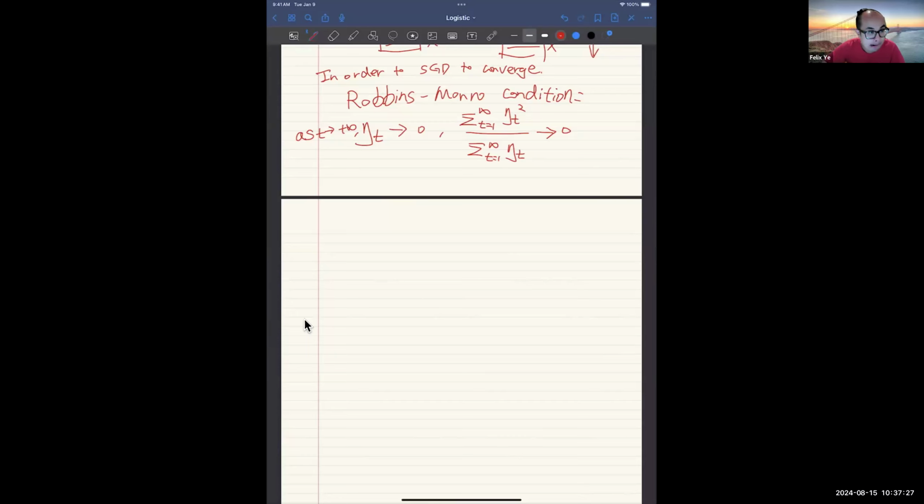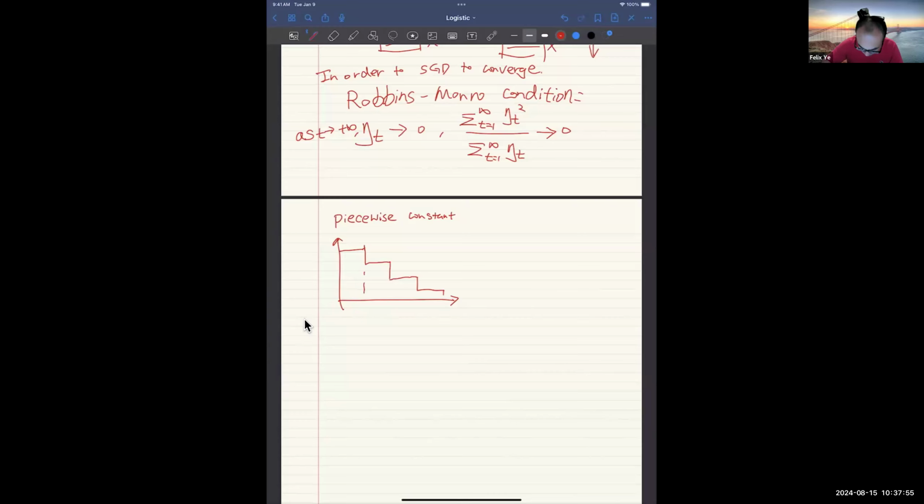For example, piecewise constant. That means maybe for the first 10 epochs the rate is constant, then we drop, then we drop, then we drop, and then we drop again, something like this.